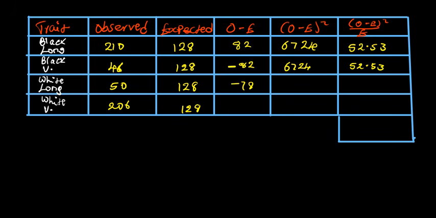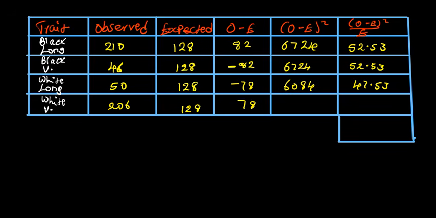Negative 78. We square this, I'm getting 6,084. 6,084 divided by expected 128, I'm getting 47.53. Then the last one we have 206 minus expected 128, that is 78.